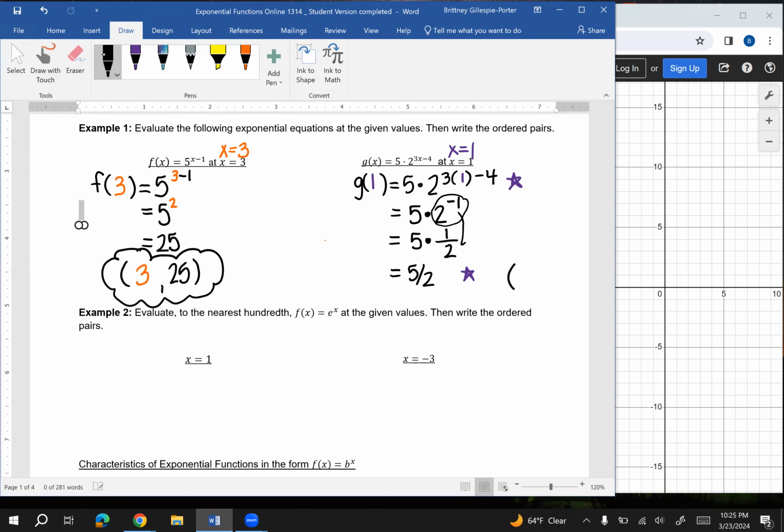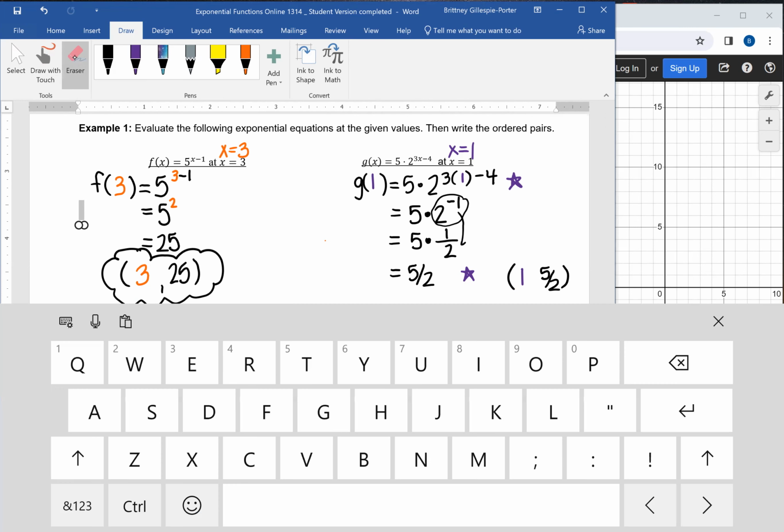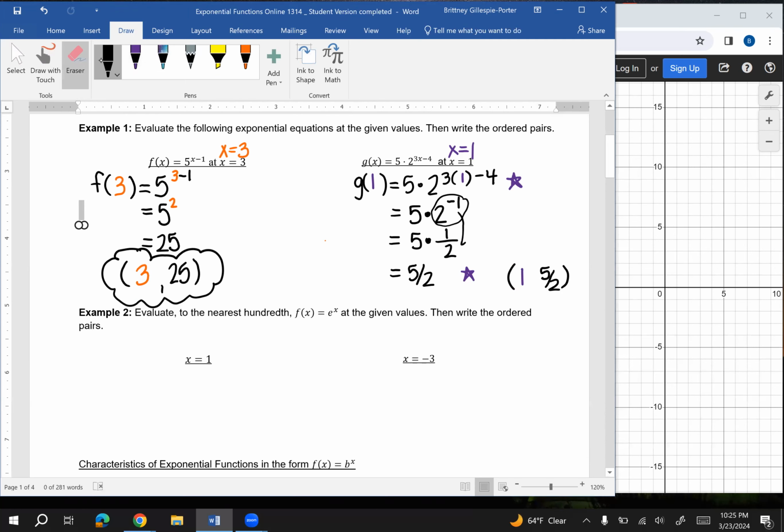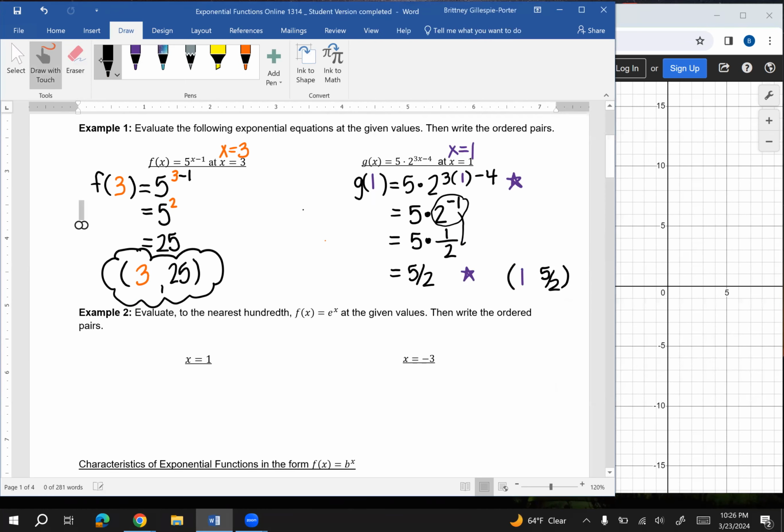So our ordered pair in this case, we plugged in 1, so our x is 1, and we got out 5/2. Make sure that you have your parentheses around your ordered pairs and that you have your comma in between your x and y value.